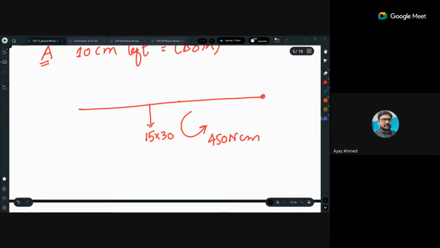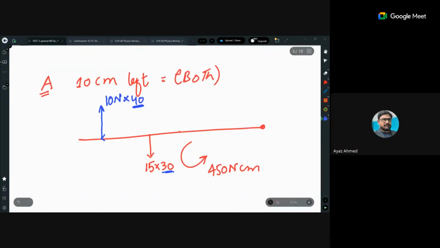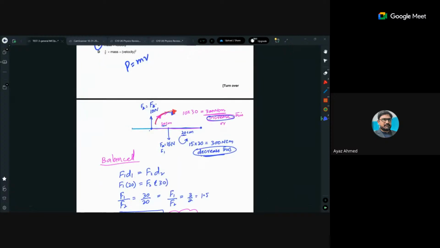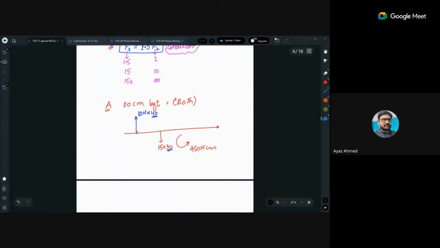And when you are shifting the balloon 10 centimeter left, its force was 10 Newton, and it is at 40 now, because initially it was 30. Are you getting it? Initially this value is 20, this value is 30. You made it 30 and 40. So this moment is 400. Now which moment is greater?